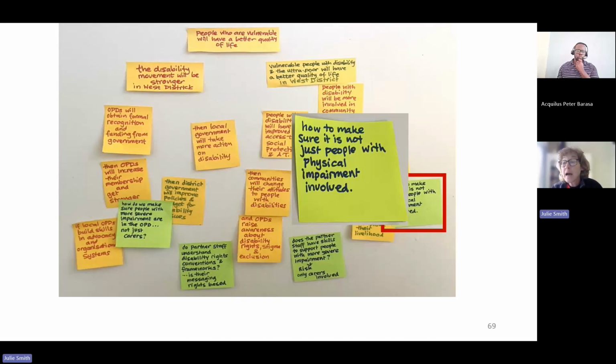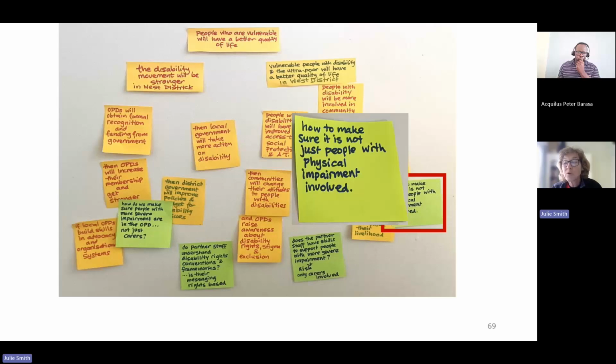Do partner staff have the skills to support people in livelihoods, people who have more severe impairment? And how do we make sure that those approaches are addressed and monitored in the project?